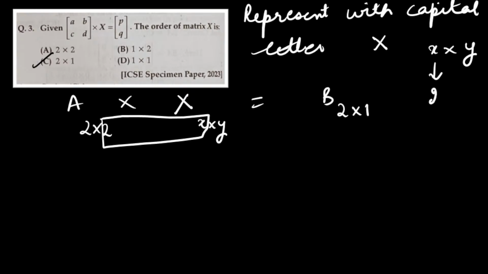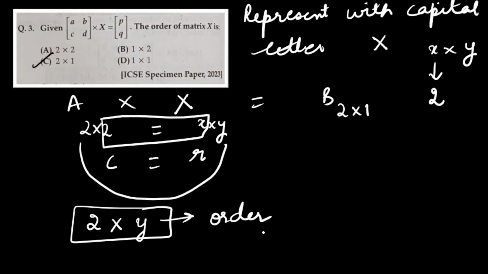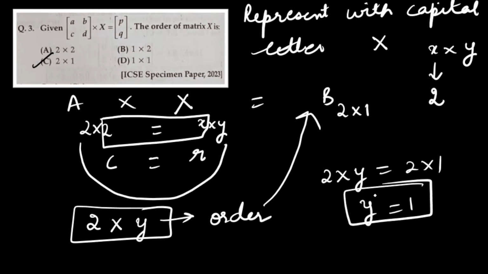So x should be equal to 2, because the columns of the first one should be equal to the rows of the second one. If you see the outer numbers here, it is 2 and y. So 2 into y gives me the order of the resultant matrix, which is matrix B. If I compare 2 into y with 2 into 1, I'll get y's value equal to 1. From here I'll get the order of matrix X as 2 by 1.